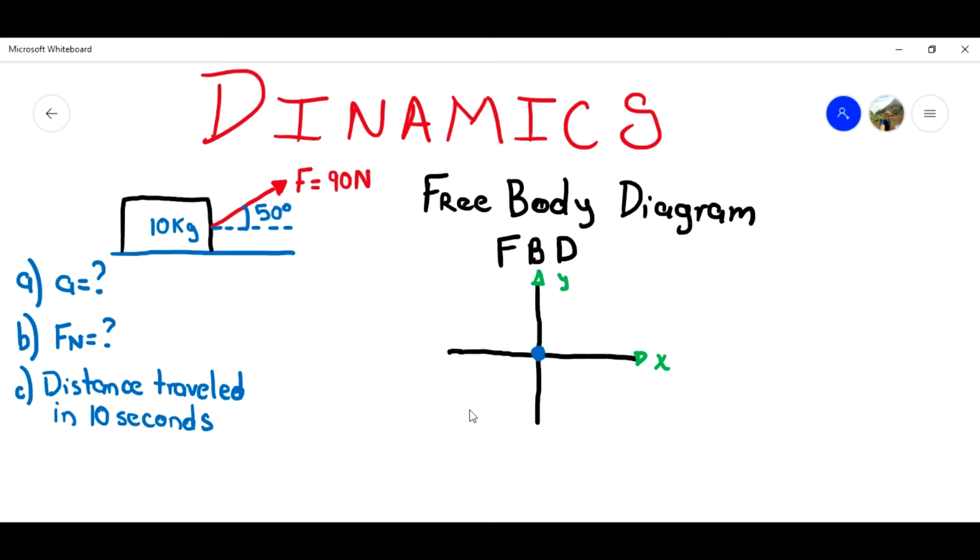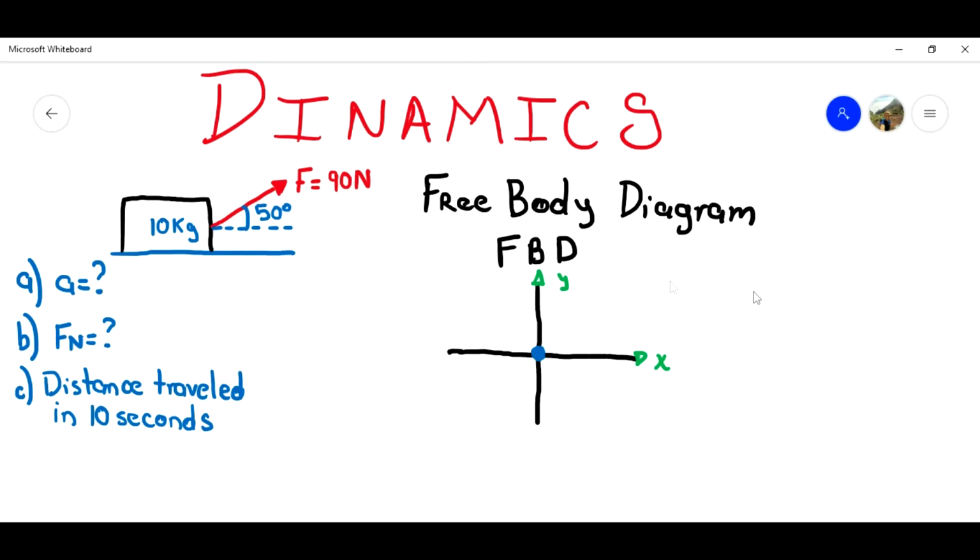Now I'm going to draw all the forces that interact with that block. Even though the problem does not mention it, there is a force that will always be there, because if the object has mass, we're going to have that kind of force, and that force is going to be the weight.